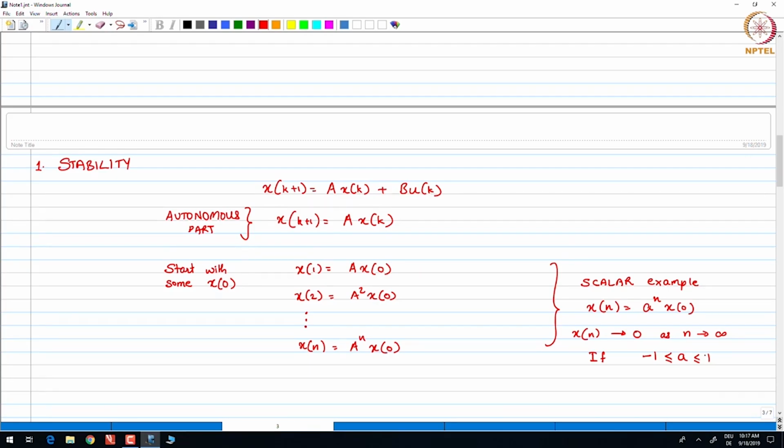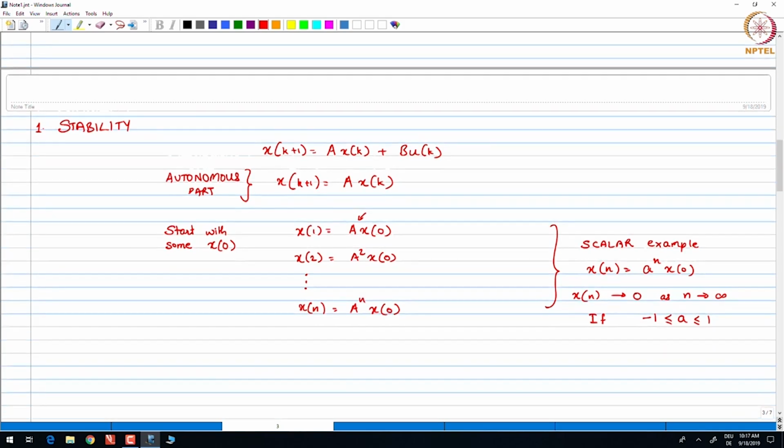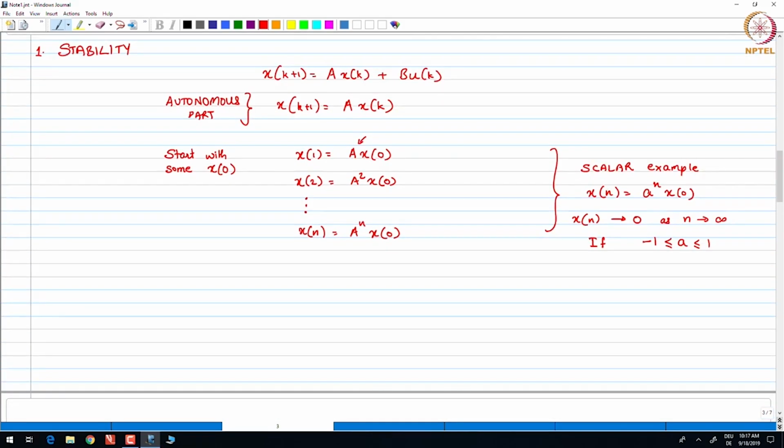If the value of a is equal to 1, the value of x will not change. And if the magnitude of a is less than 1, then it is going to be decreasing. That concept we can apply to the A matrix as well.